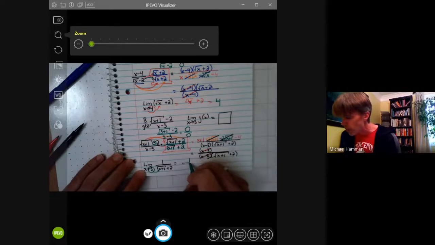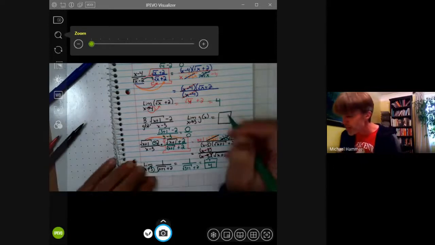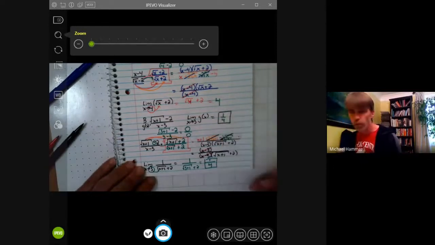So we're going to have 1 over the square root of 3 plus 1, plus 2. So that's going to equal 1 over: 3 plus 1 is 4, take the square root is 2, 2 plus 2 is 4. So my limit of this function as it approaches 3 is 1/4.